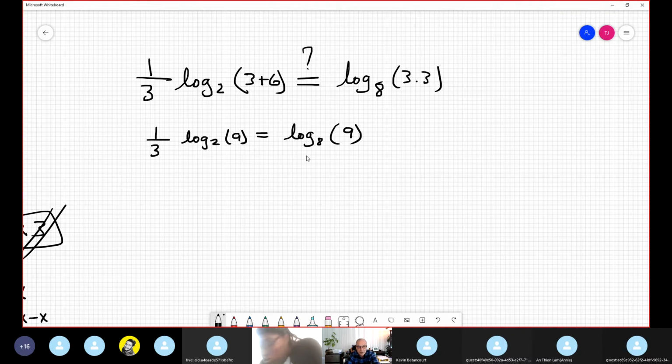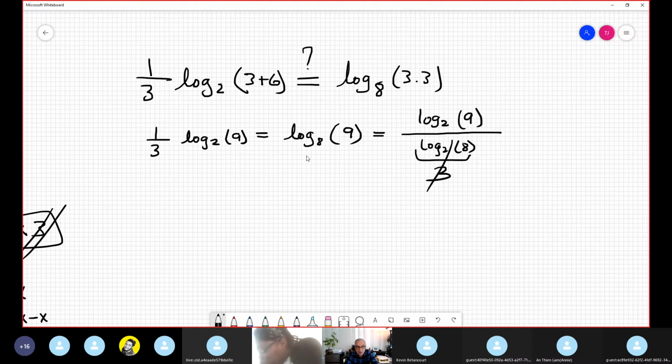Okay, but I have no idea because it's a completely different logarithm, no? So one more time, we apply the same idea, the change of base formula. This is logarithm base 2, to get the same base to compare, of 9 divided by logarithm base 2 of 8. But that part I did before is 3.